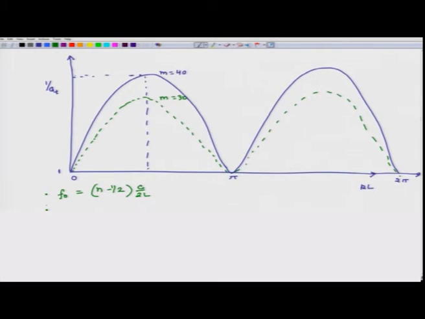The other conclusion is that as m increases, 1 over AT also increases, and if 1 over AT increases, then our transmission loss also increases. If the parameter m goes down, then 1 over AT also becomes less.